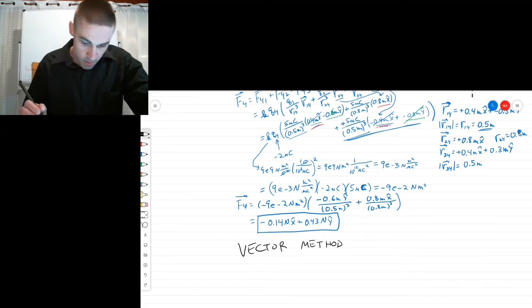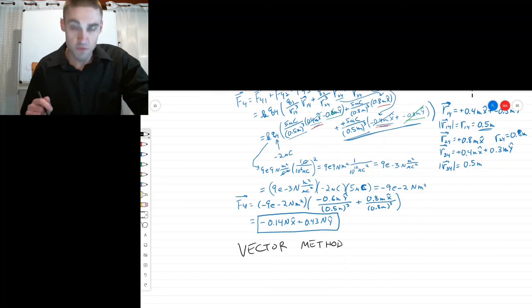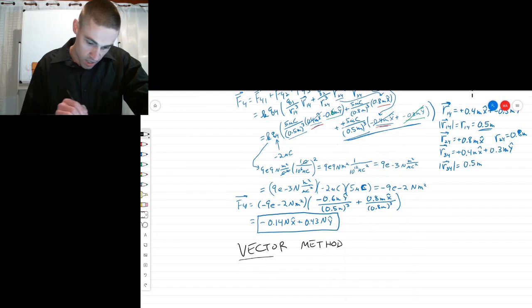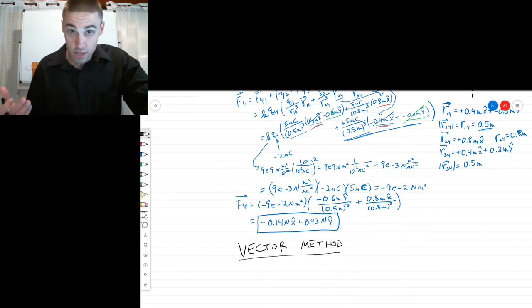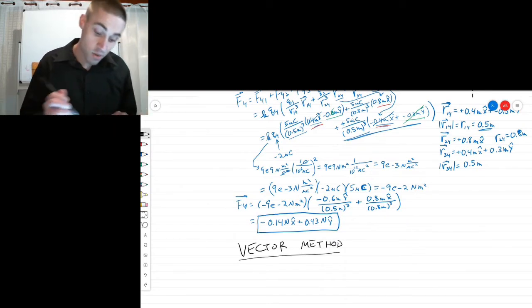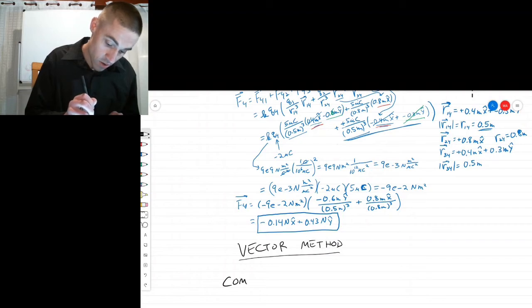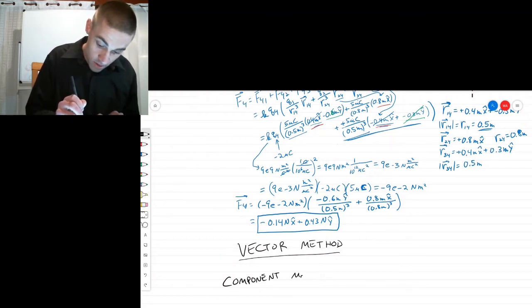If you like the vector method, that's great. I prefer the vector method as well. If you're looking for another way to solve this same problem, there's also what I'll call the component method. We're going to come to the same answer, but we're just going to use a little bit different way of doing this calculation.